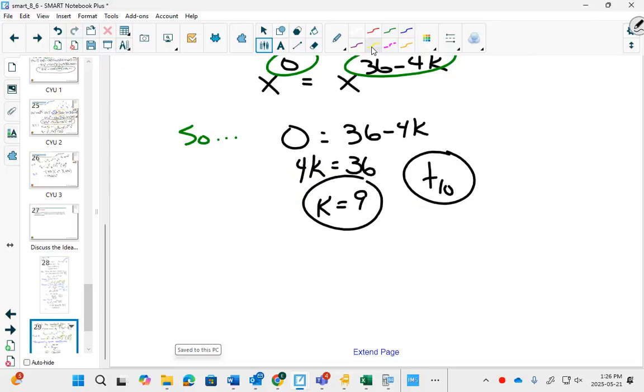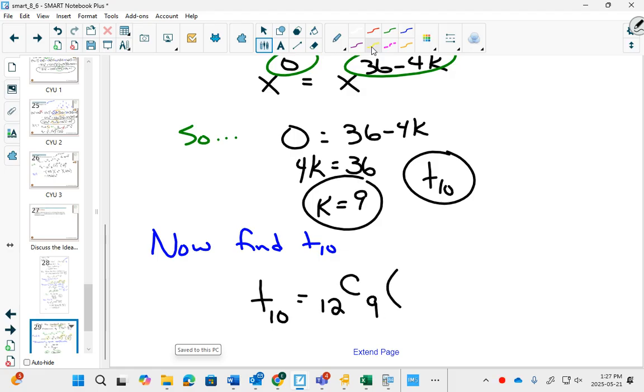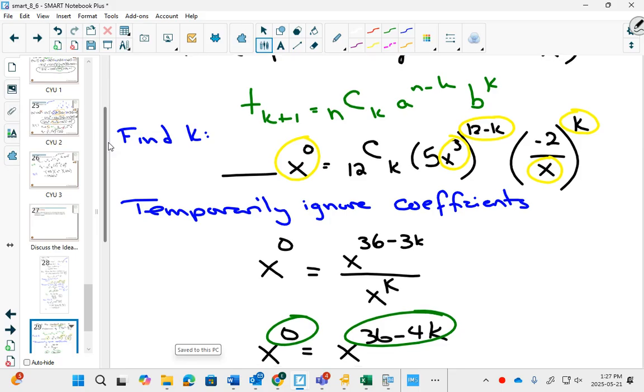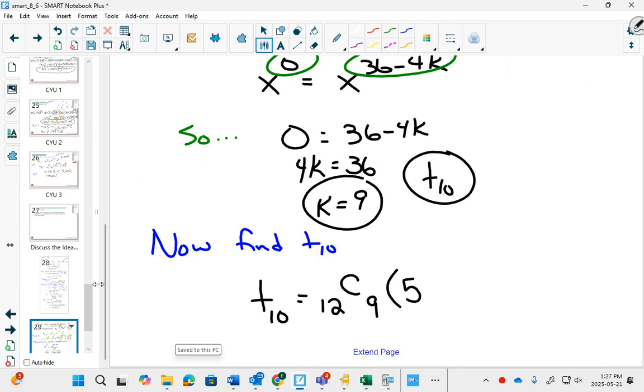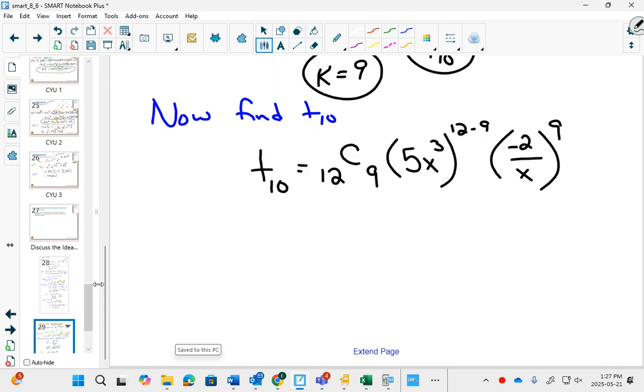So now, find term 10. And we go to our formula, and if we're using term 10, obviously k would be 9, so this will be 12 choose 9. Our first term was 5x cubed to the 12 minus 9, and our second term was negative 2 over x to the 9.